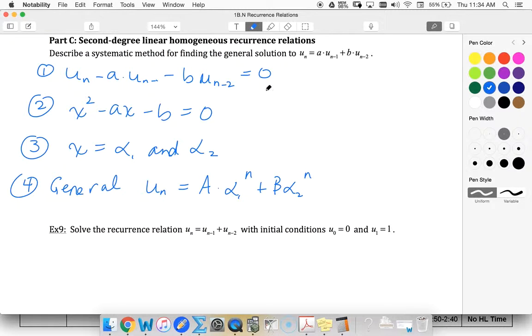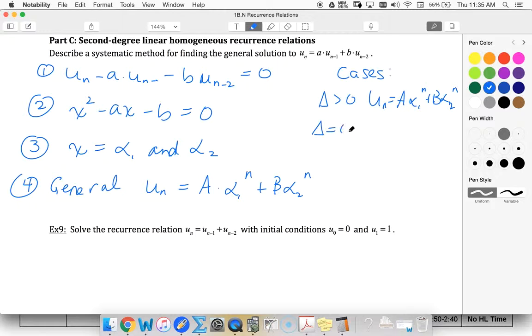So in the case that our discriminant is greater than 0, I'm talking about the discriminant of the quadratic, that would mean we have two real distinct roots. In that case, this is going to be our general formula, and it doesn't simplify anymore: a alpha 1 to the n plus b alpha 2 to the n power.